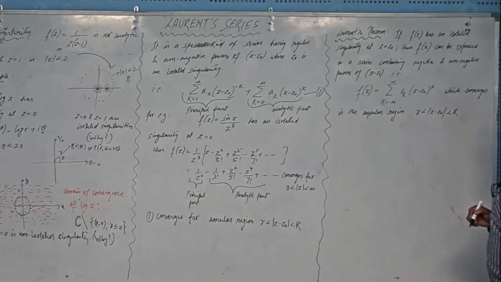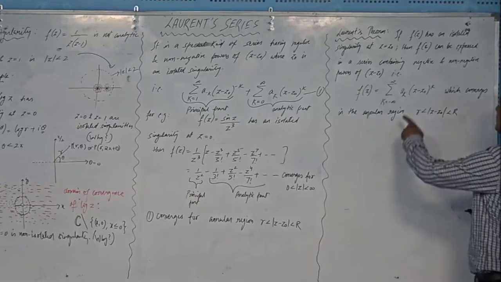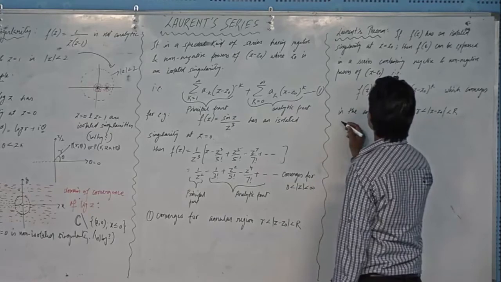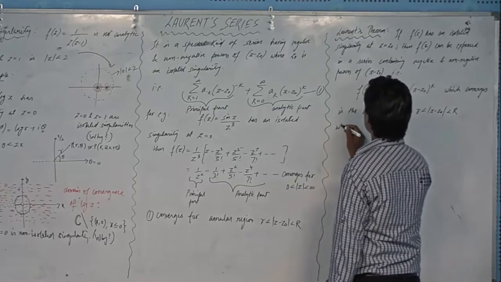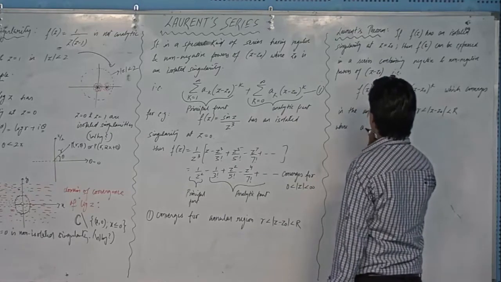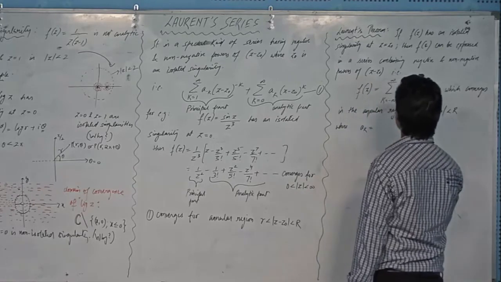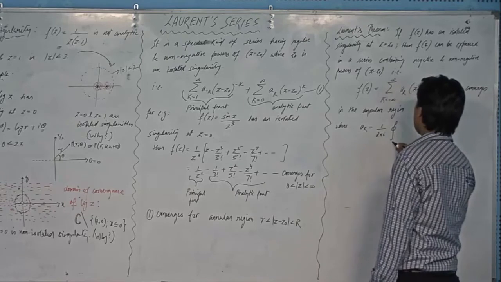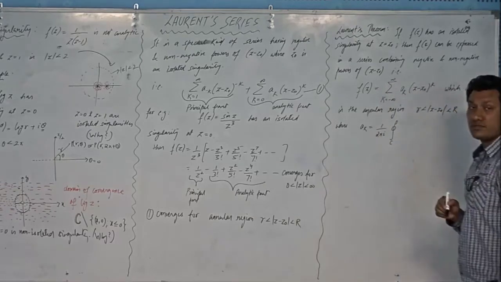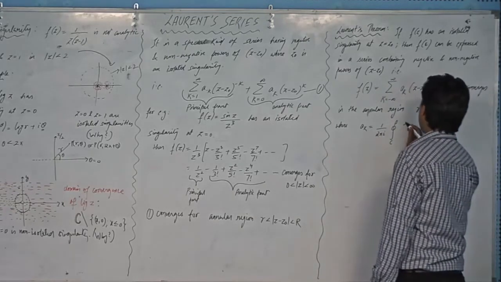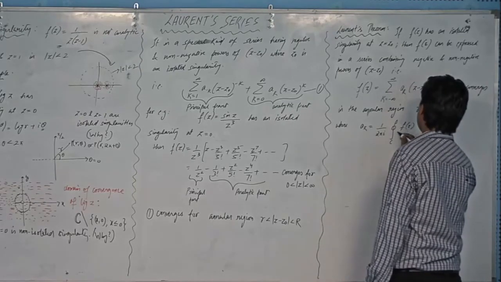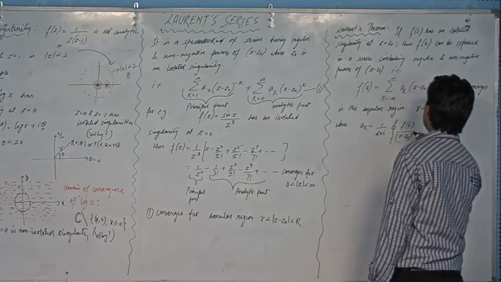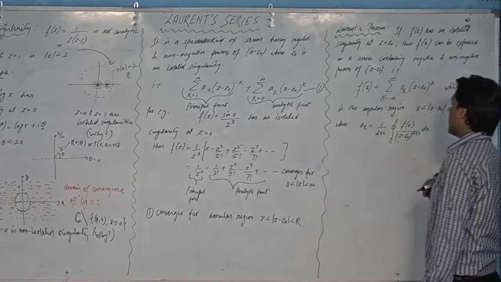Okay, and one more thing, this coefficient a k equals 1 over 2 pi i, closed line integral along curve C of f of z over z minus z naught to the power n plus 1 dz, right?